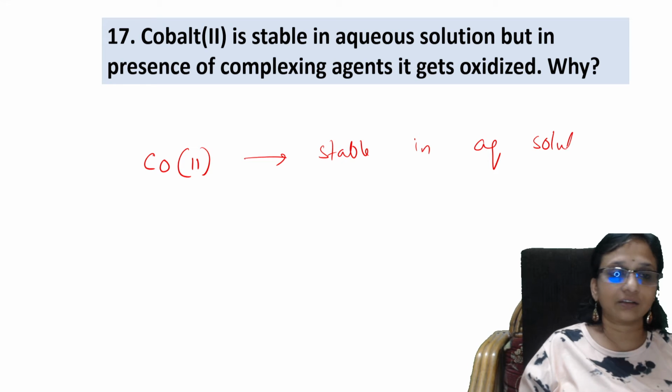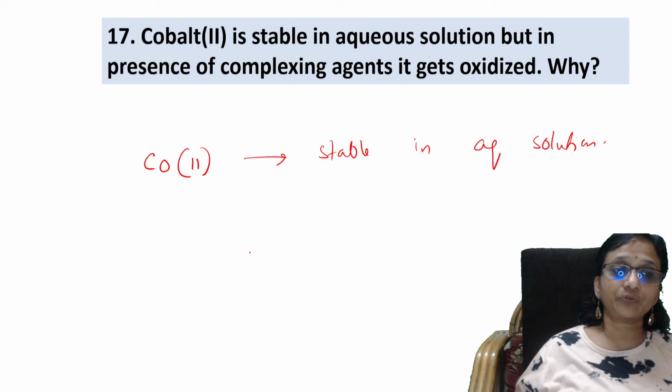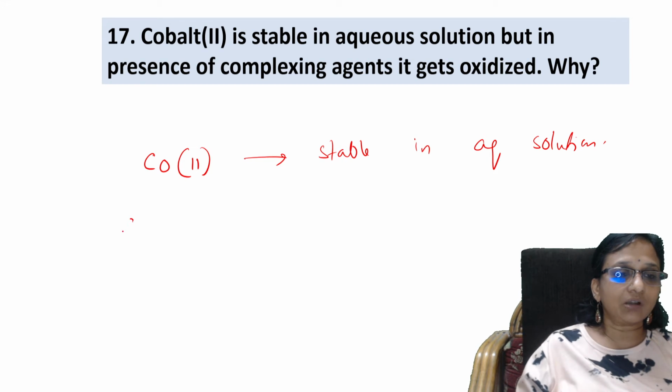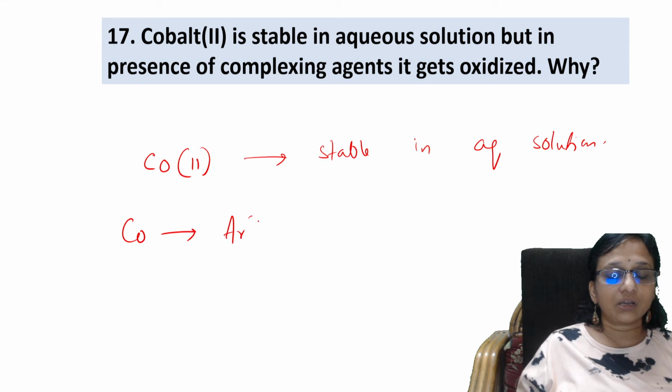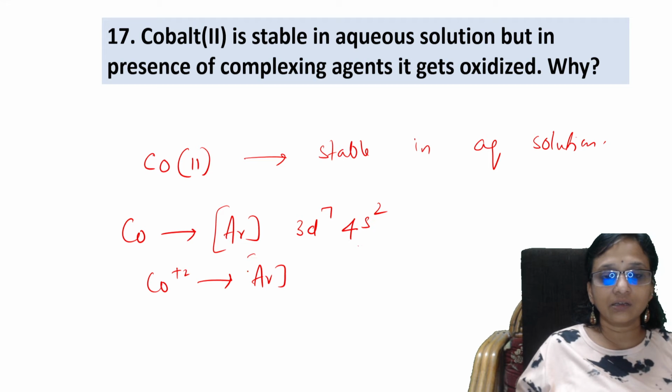Aqueous solution, done. Now, what will happen? Cobalt configuration is argon 3d7 4s2. What will it do? It will lose 2 electrons and become argon 3d7 4s0.